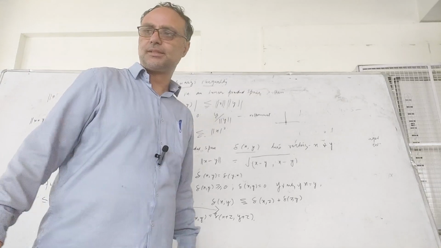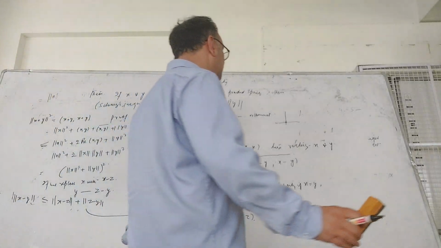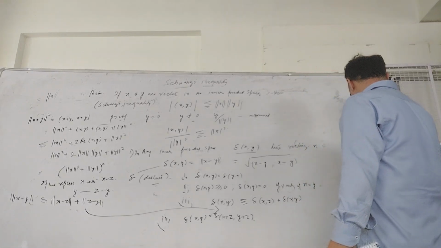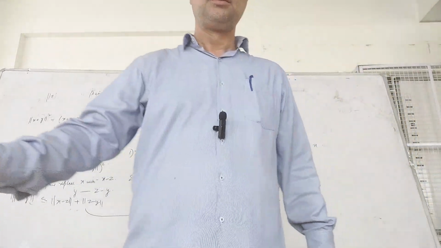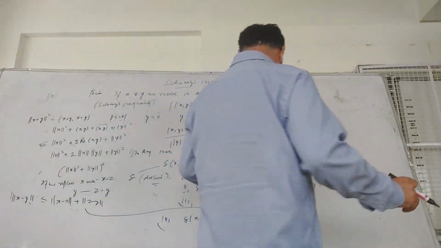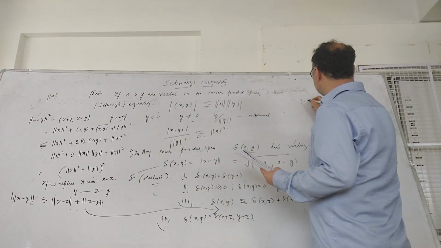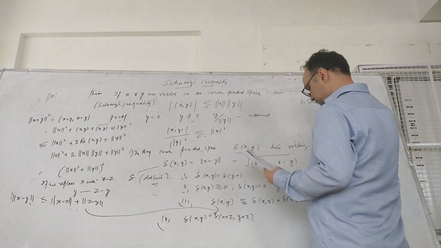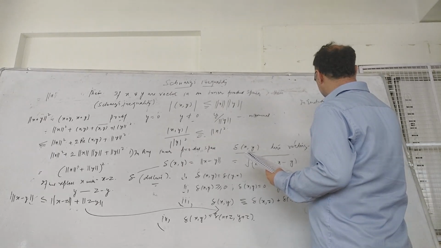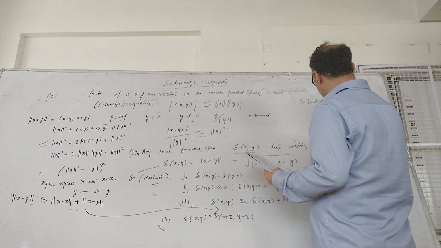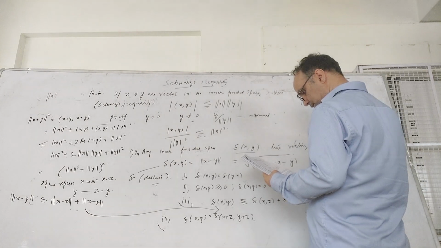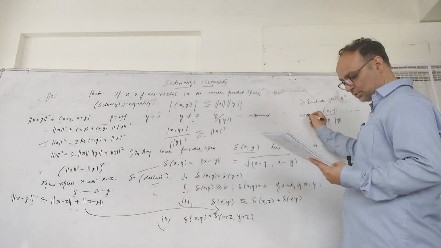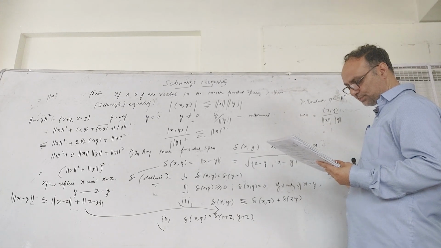And in Euclidean space Rn, we can have x, y over modulus of x modulus of y gives us the cosine of the angle between the two. And yes, this we did yesterday also.